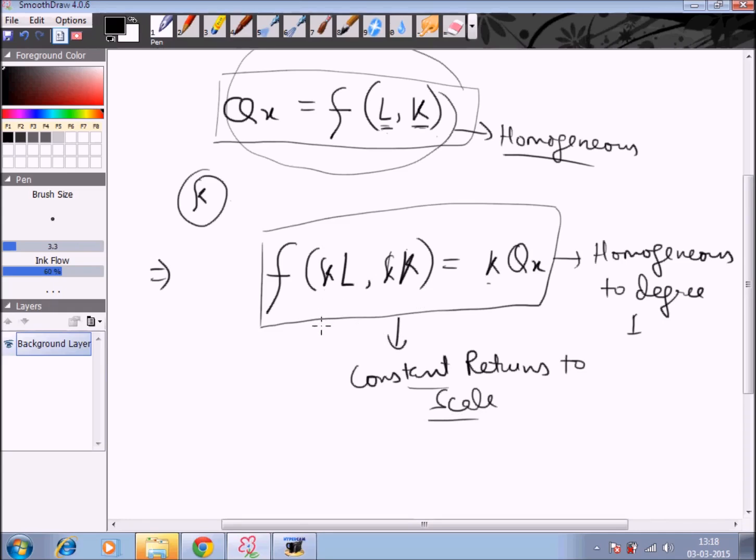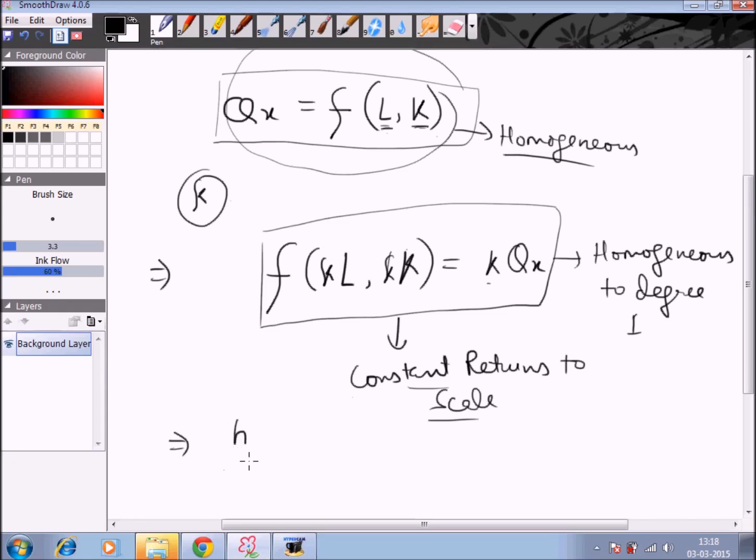Now in every case this constant returns to scale may not be applicable, because the level of output may increase or decrease and it is not according to the level of input used. So in other ways we can express the production function like this.